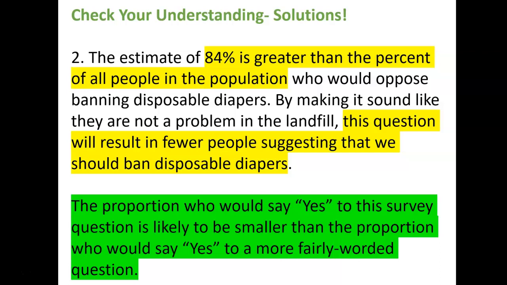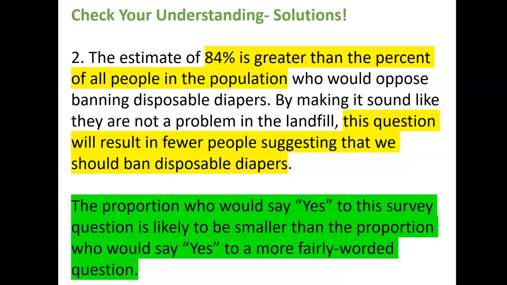So remember the way they worded that question, they basically were like, diapers rule, everything else is the problem. So after reading that question, me as a mommy, I'm like, okay, well, I guess I don't feel so bad about keeping my nasty disposable diapers, throwing them in the trash. So I would say, no, I don't want to ban disposable diapers.